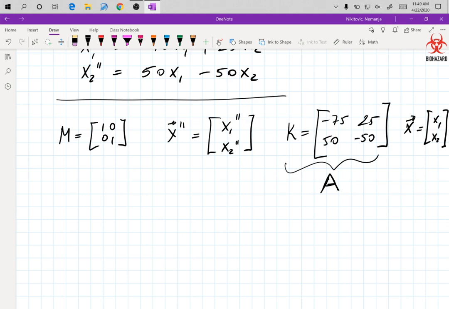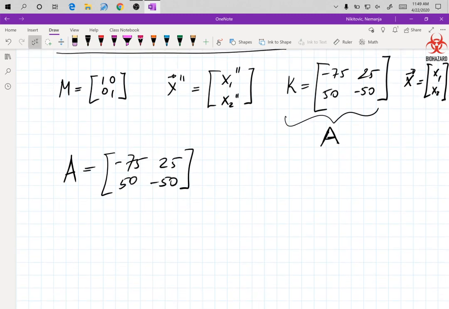All right, so I have my matrix A, which is negative 75, 25, 50, and negative 50. And then I am supposed to do what we learned: we're going to hit this with all of the calculations that we learned earlier for matrices and obtain the solution using the eigenvalue problem.